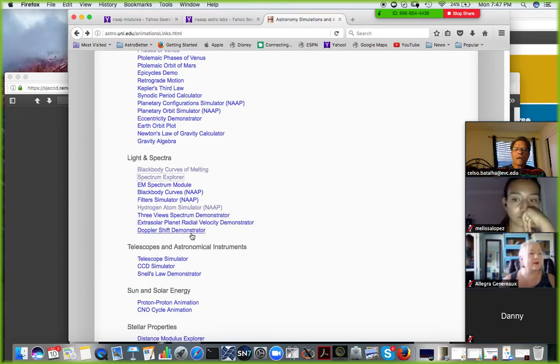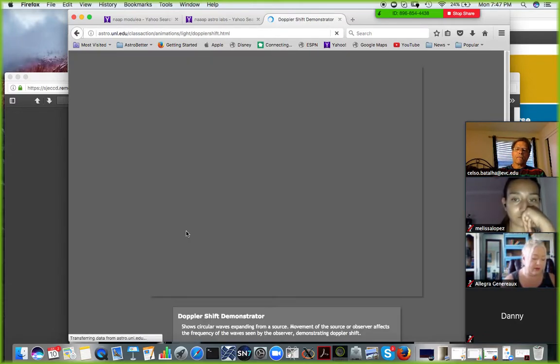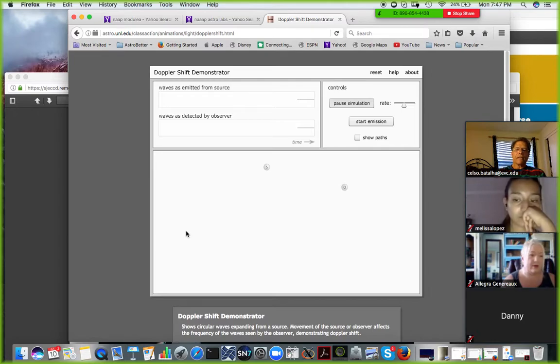Again, this Doppler shift, this is important. Doppler shift is one of the most important techniques used by astronomers, especially now that we are studying exoplanets. And one of the techniques used to find exoplanets is the Doppler shift. So Doppler shift is based on the relative motion between the source and the observer.